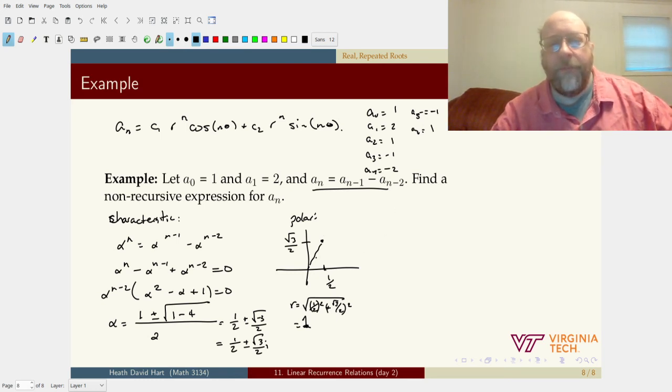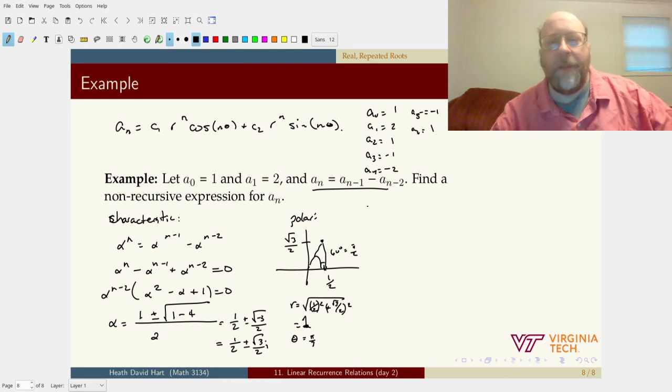And the angle is, well, if you recognize 1/2 and square root of 3 over 2, this is a 30, 60, 90 right triangle with this angle being 60 degrees or pi over 3. And so the angle is pi over 3.